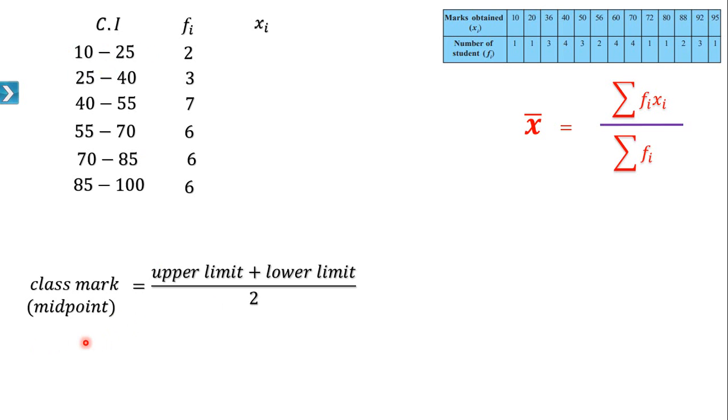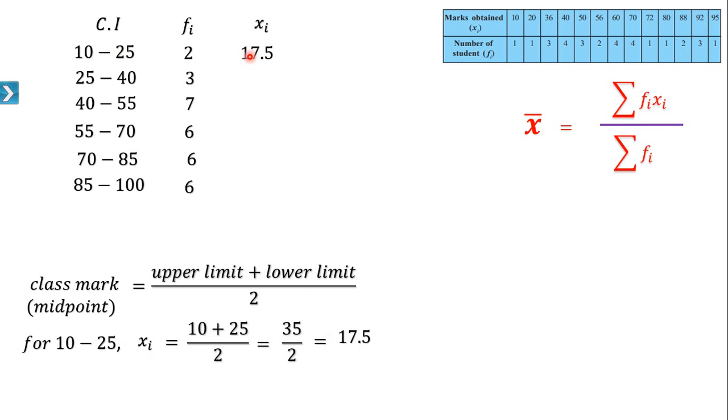So, for example, for class interval 10 to 25, xi is equal to 10 plus 25 divided by 2, that is 35 by 2, that is 17.5. So, for class interval 10 to 25, xi is 17.5.